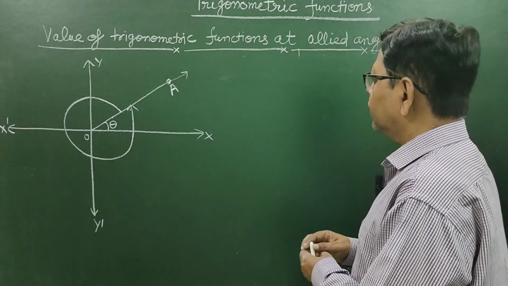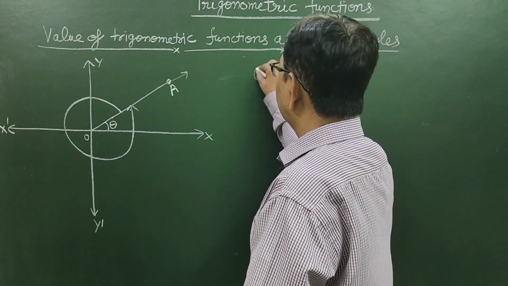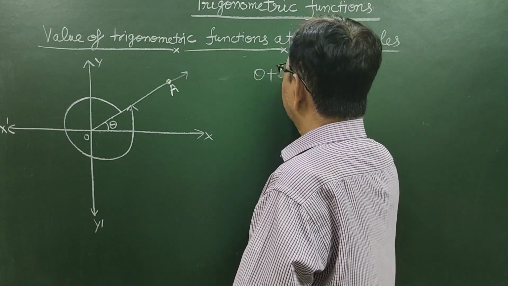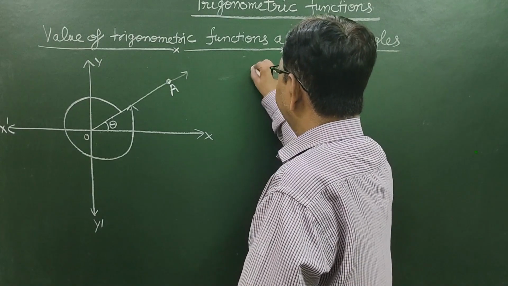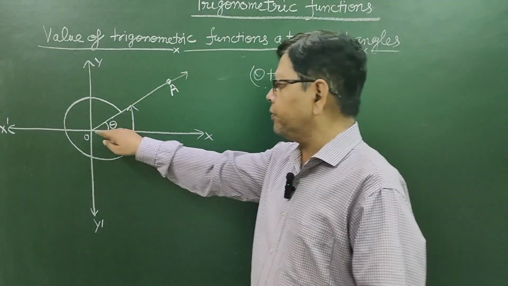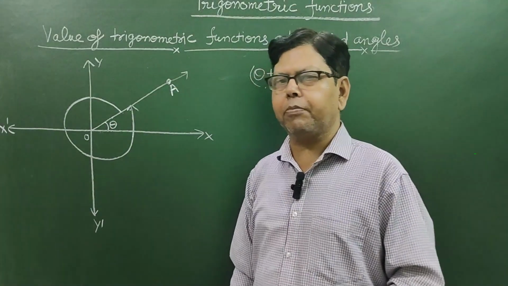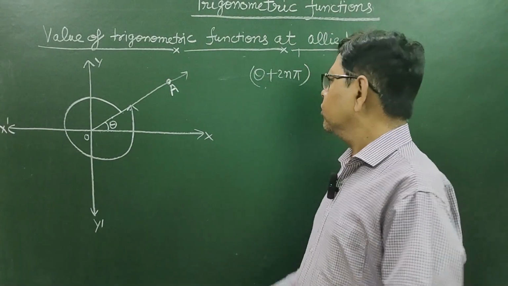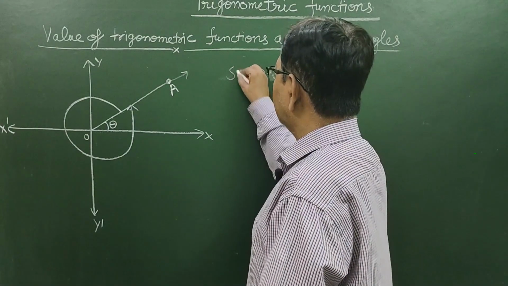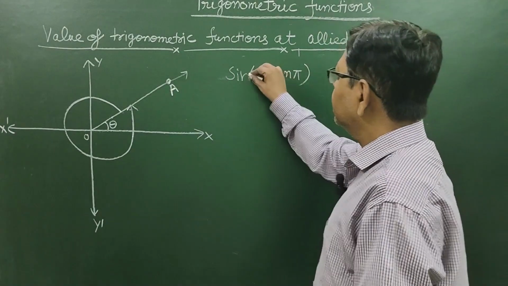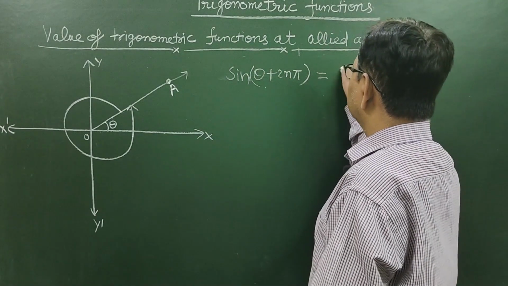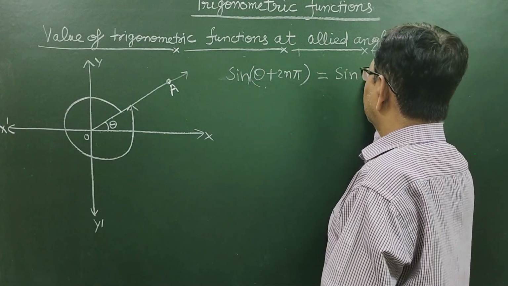So for angles of the form theta plus 2n pi, it will represent the same terminal line. So if I find sine of (theta plus 2n pi), this will be equal to sine theta.